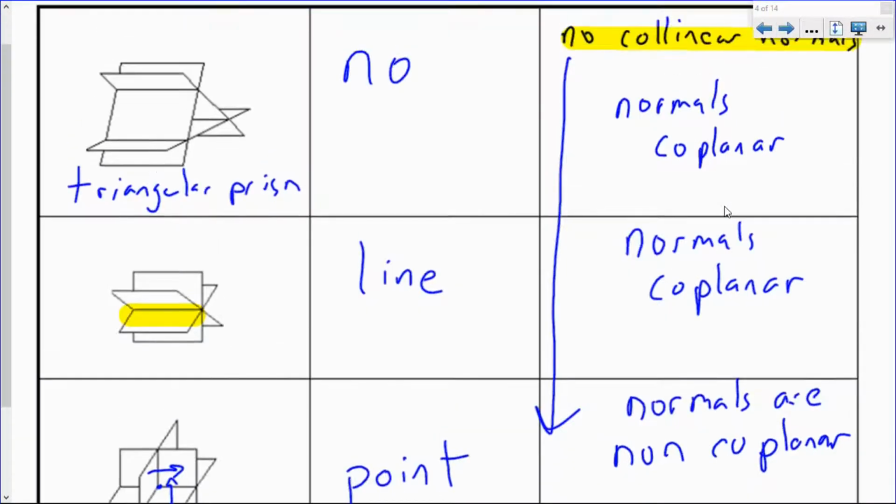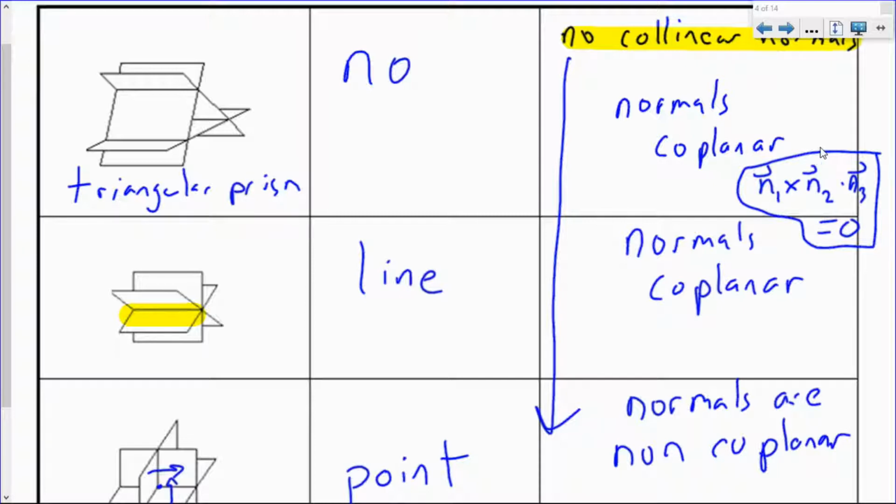How do I tell if normals, or vectors I should say, are coplanar? Do you remember that? We looked at something a long time ago called the triple scalar product. And we said if the triple scalar product of 3 vectors was 0, then those vectors would have to be coplanar. So in these 2 examples, it must be that n1 crossed with n2 and dotted with n3 must be equal to 0.